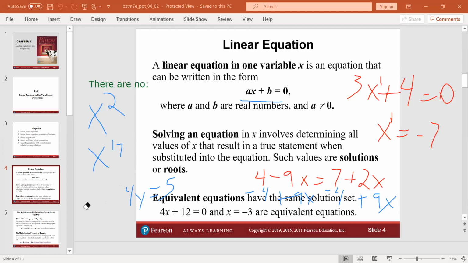If you just had y in there, that suddenly is a linear equation in one variable. We're just calling it the variable y instead of x. So this is okay. But if I threw a second variable in there and tried to pull them all together, no.